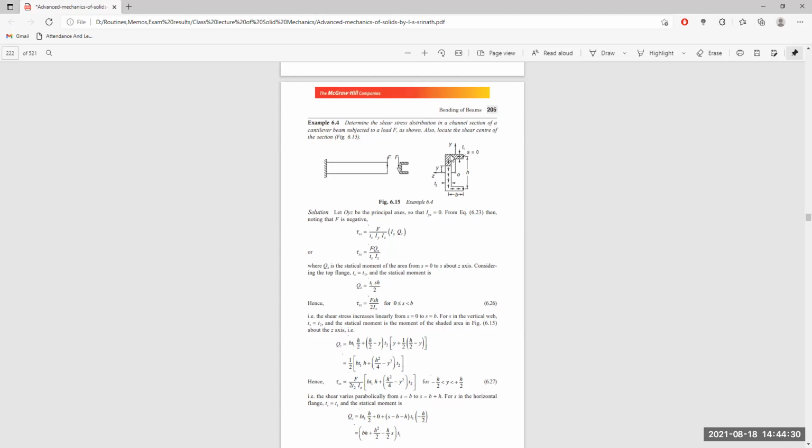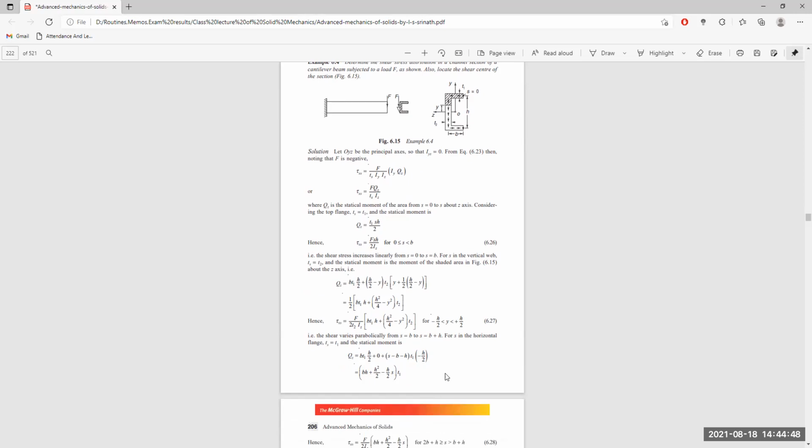So this length and area, multiplied by distance, is the statical moment of these two flanges, and we have got the statical moment of the flanges here. Thus, Qz is equal to b T1 h by 2, which is the statical moment of both these flanges, equal to bh plus h squared by 2 minus hs, into T1.